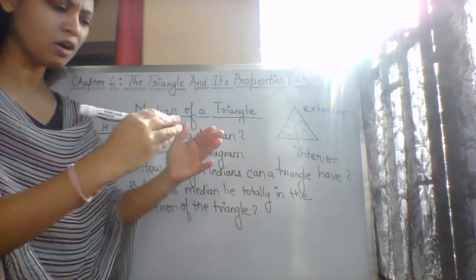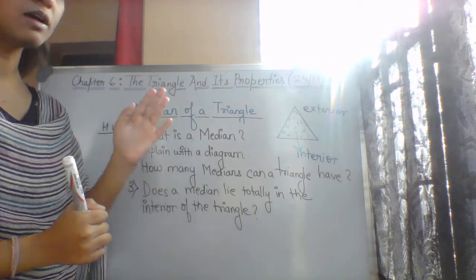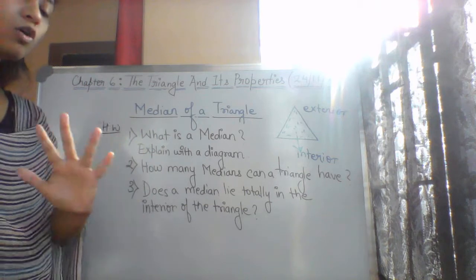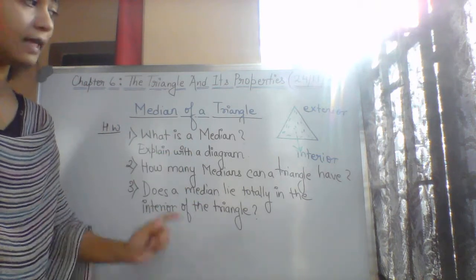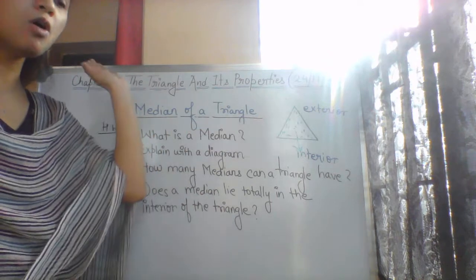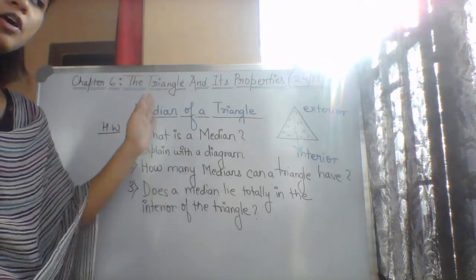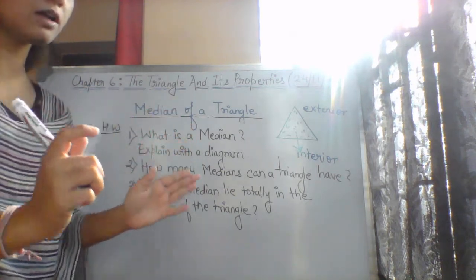So you draw or cut different types of triangles: scalene, isosceles, equilateral, obtuse, acute, right angled, all six types. Then you find the medians of each triangle and tell how many medians there are.